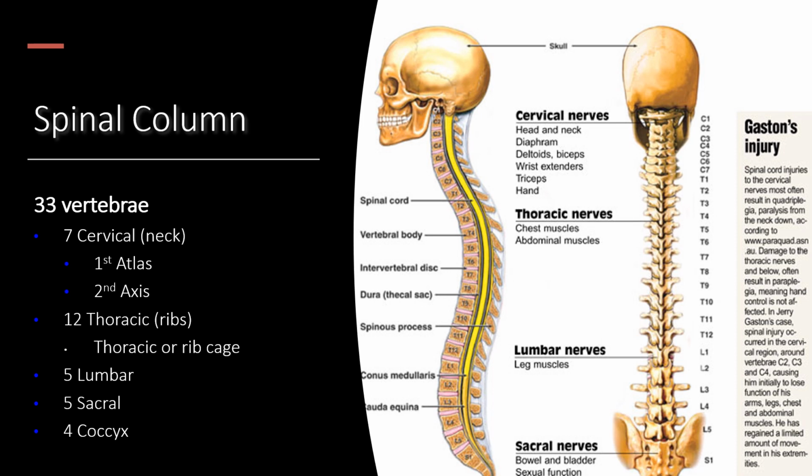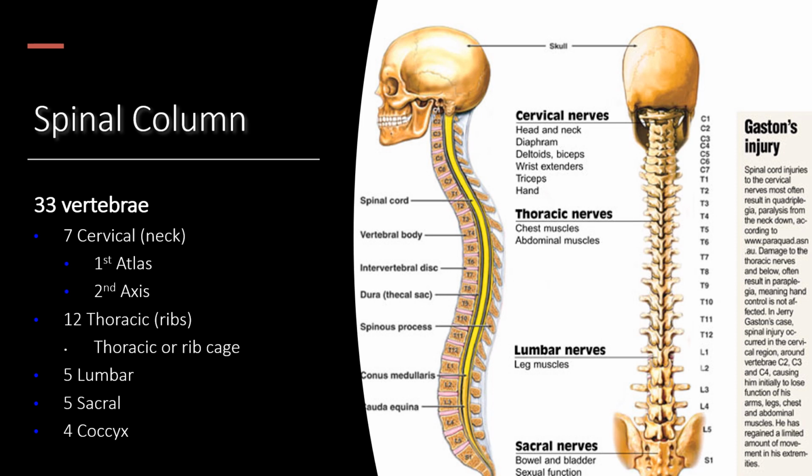So 33 vertebrae, a common question in the exam paper. So we need to know that those 33 vertebrae are divided up into the cervical in the neck, the thoracic, which is the rib cage, the lumbar, the sacral, and the coccyx.